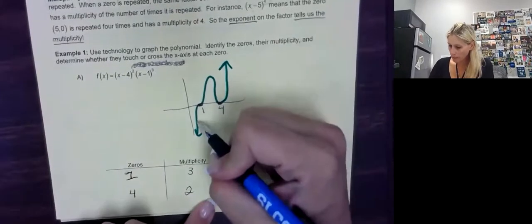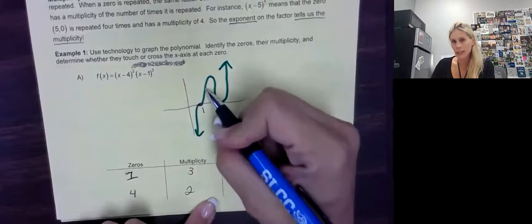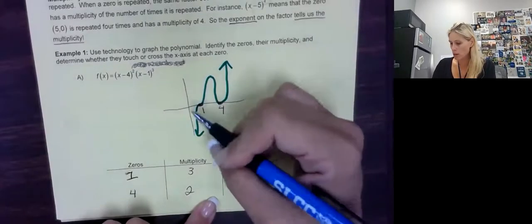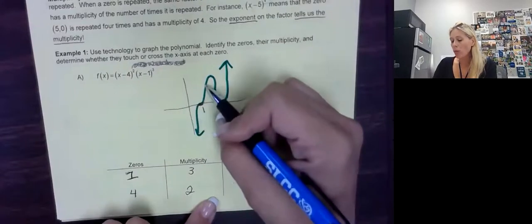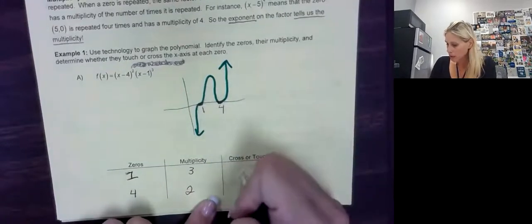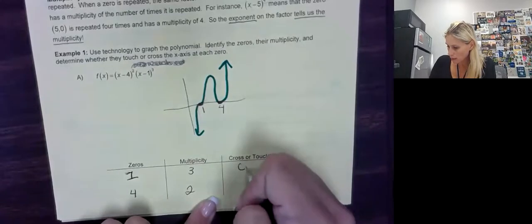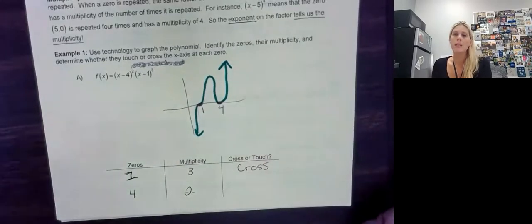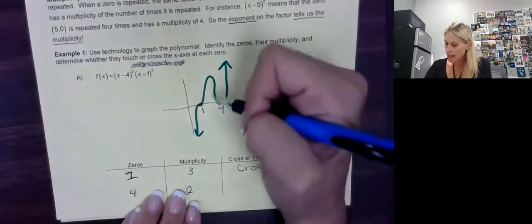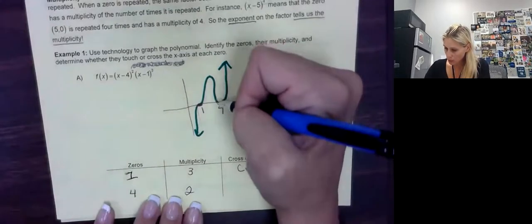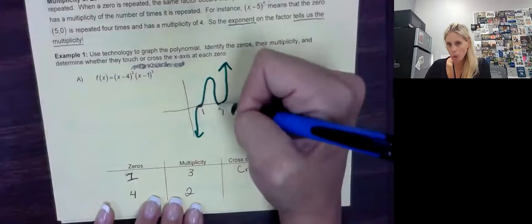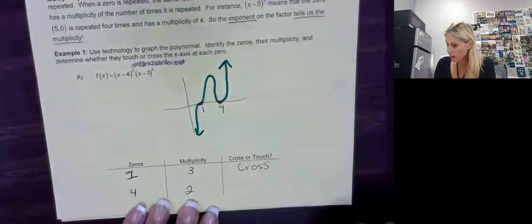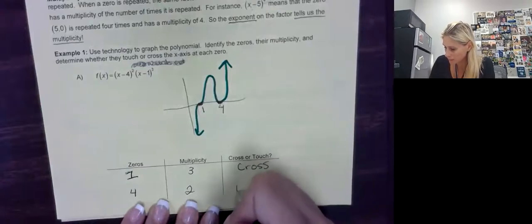So at 1, did it cross the x-axis or did it just touch it and flip back around? As you can see, we went through the x-axis. So this is a cross. Eventually, guys, I'm fine with you saying C or T. And then here on 4, as you can see, we don't cross through, we bounce back up. So we're just touching the x-axis.